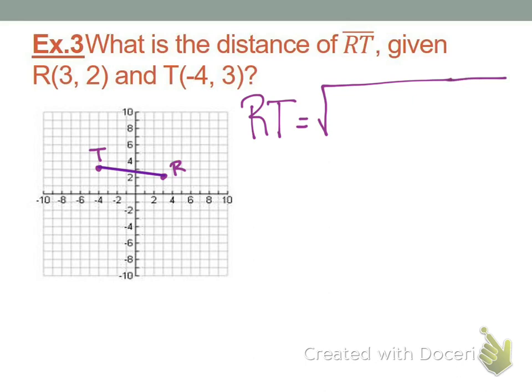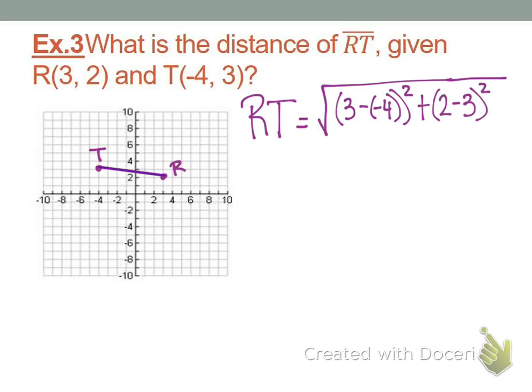All right, so we have to start plugging these points in. So we have to start with an x value. So we can start with 3 minus negative 4 squared plus, then we do our y values. Because I started with 3, the 3 came from R, so I have to start with the 2 from R when I do my y's.